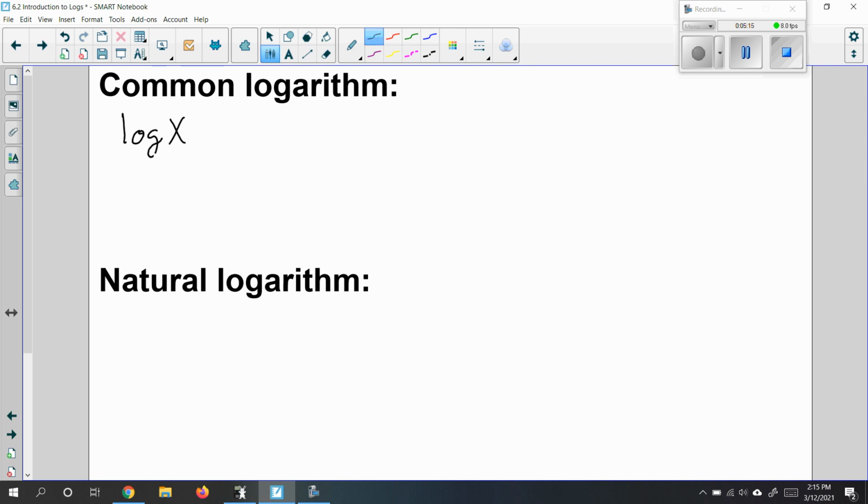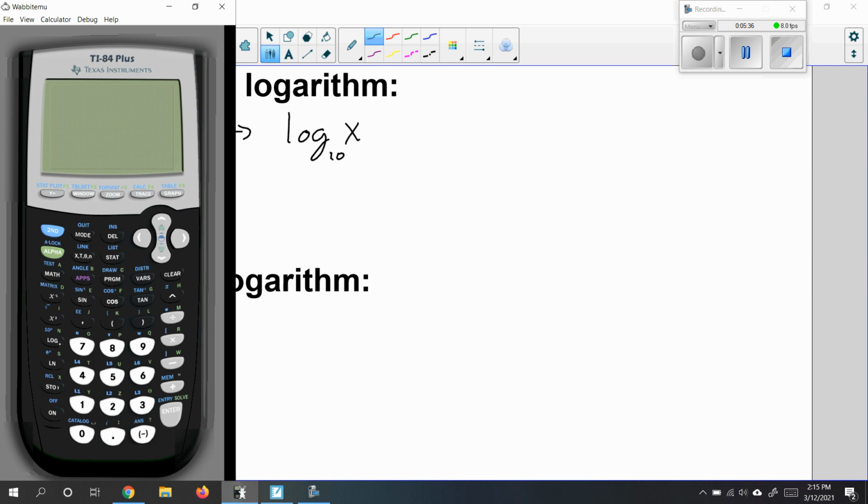So when you see log of x, that's really saying log base 10 of x. Since we have 10 fingers and 10 toes and we count in base 10, the common log is the base 10 logarithm. So on your calculator, you will see the log button over here on the left next to the 7. That is log base 10.